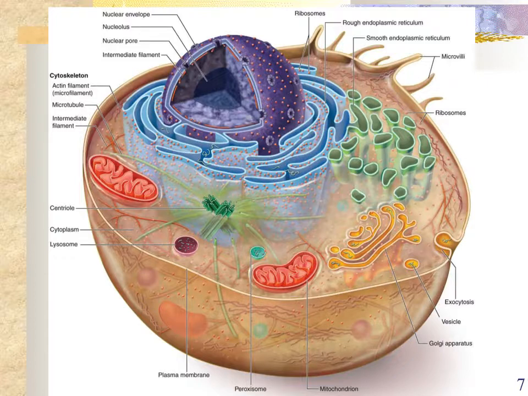Our cells are chock full of little structures, each doing a specific job, each going about its business, directed by the nucleus to do lots and lots of different things. We're going to talk about 4 or 5 organelles in this one. Even though there are many more, we'll talk about 4 or 5 that we find in all cells.